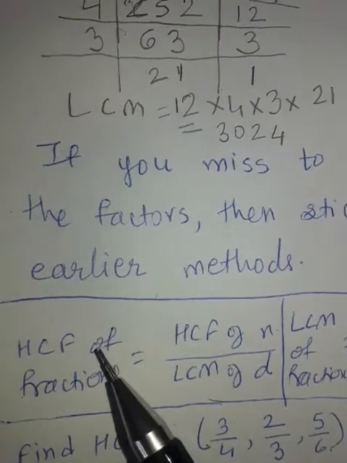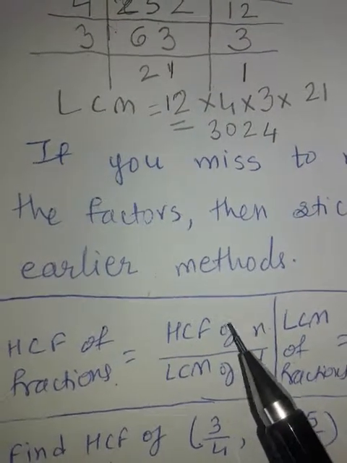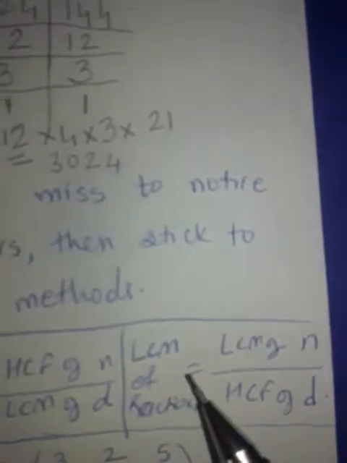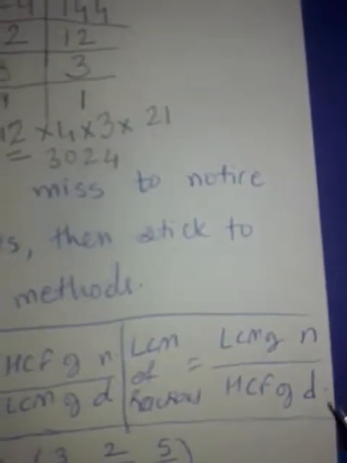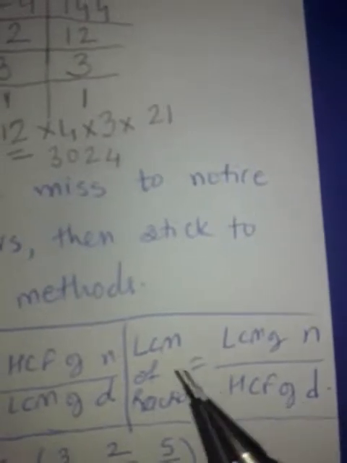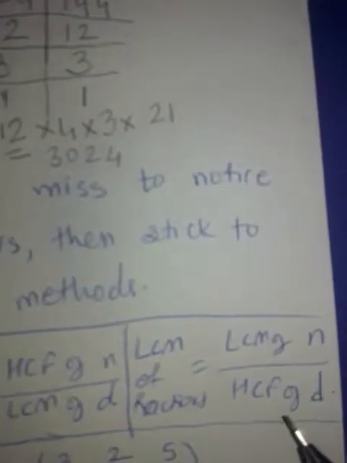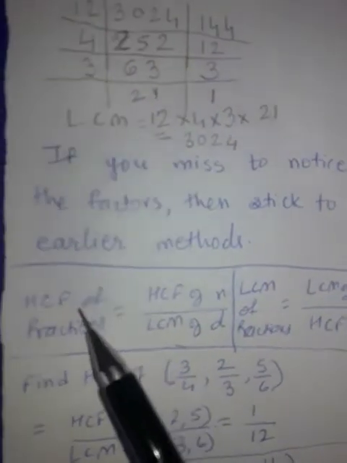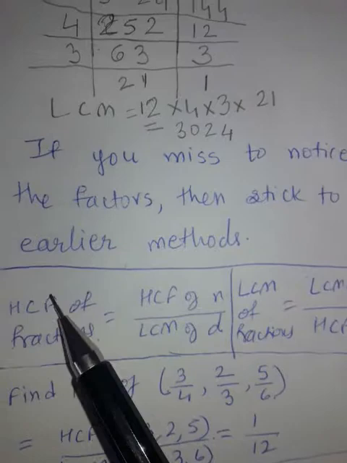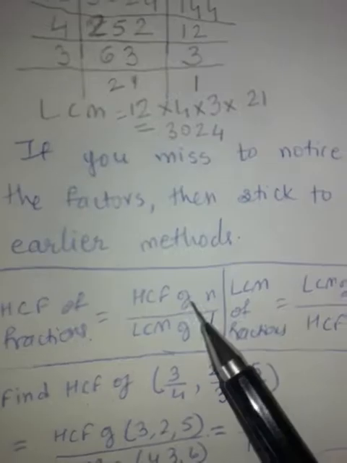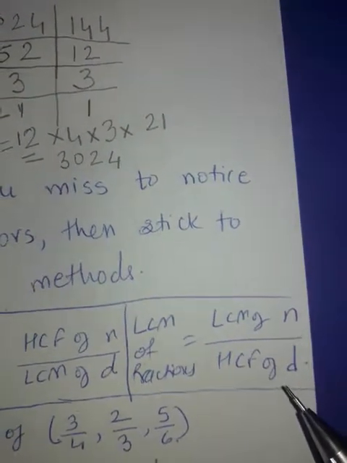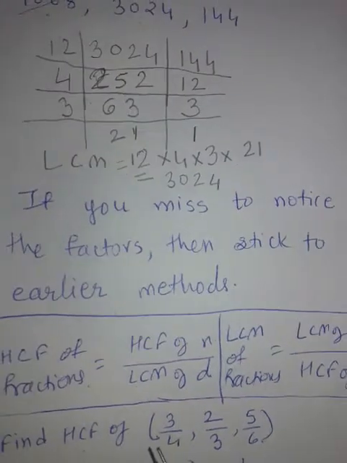If you see HCF here, write HCF here and LCM in the denominator. LCM of fractions is LCM of numerators upon HCF of denominators. LCM here, down is HCF. Very easy formula to remember.